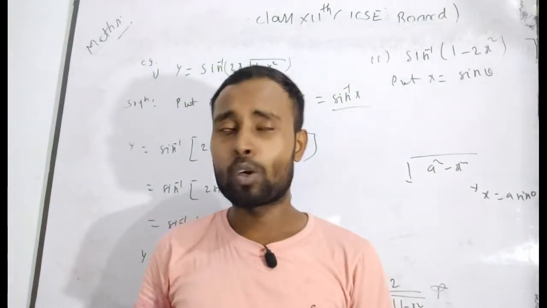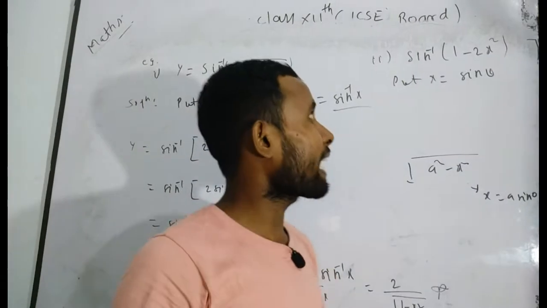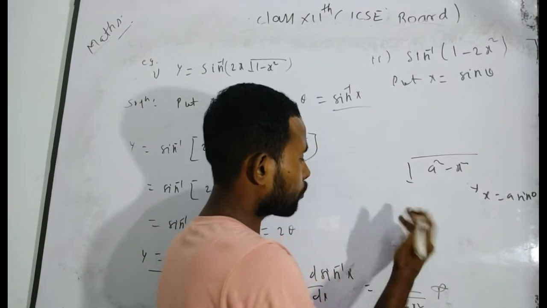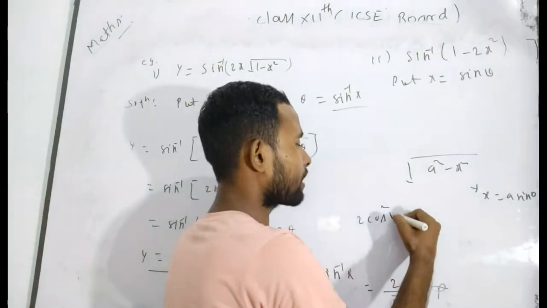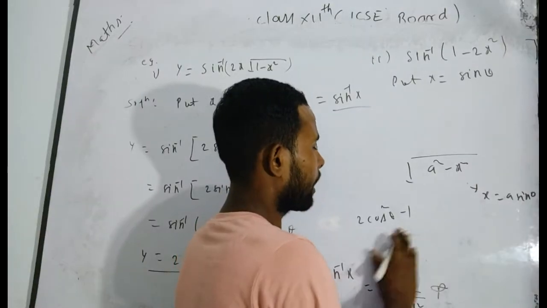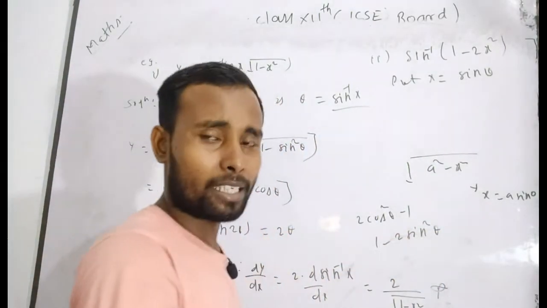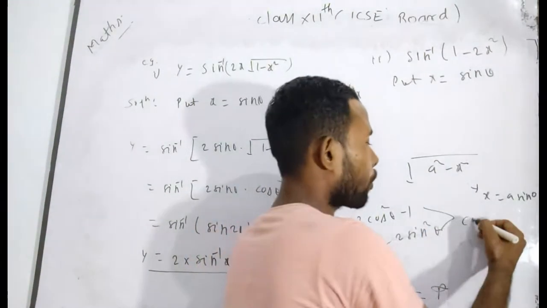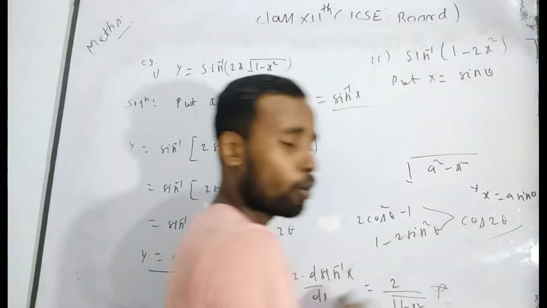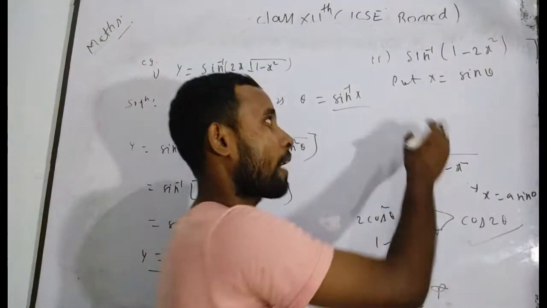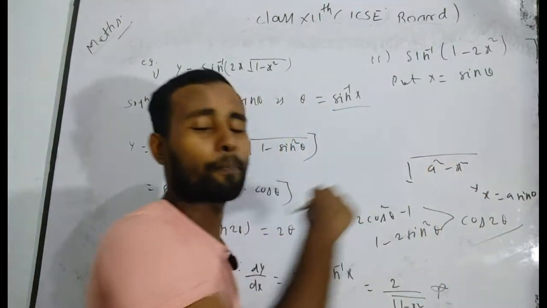Sometimes you have to think by your intuition. As you know, I think you already studied, there are two types of formula: 2 cos square theta minus 1 and 1 minus 2 sin square theta. Both are formulas of cos 2 theta. That's why I want to suppose here x is equal to sin theta.